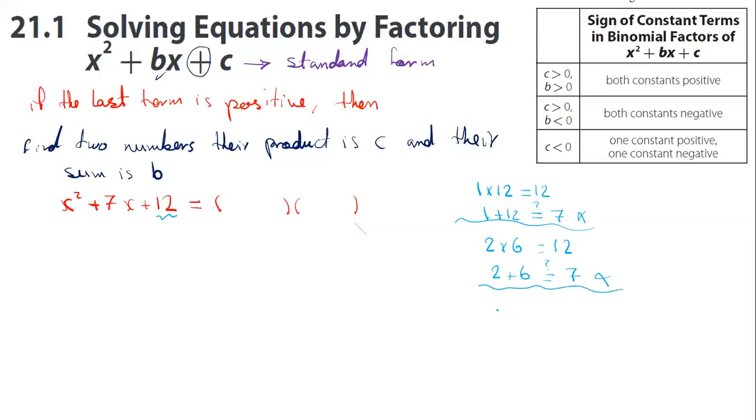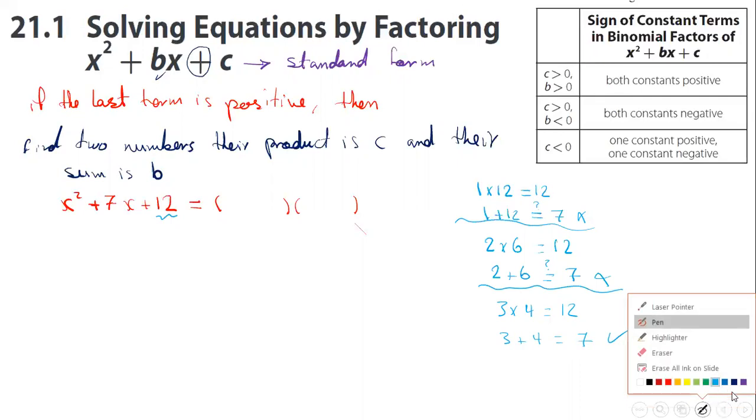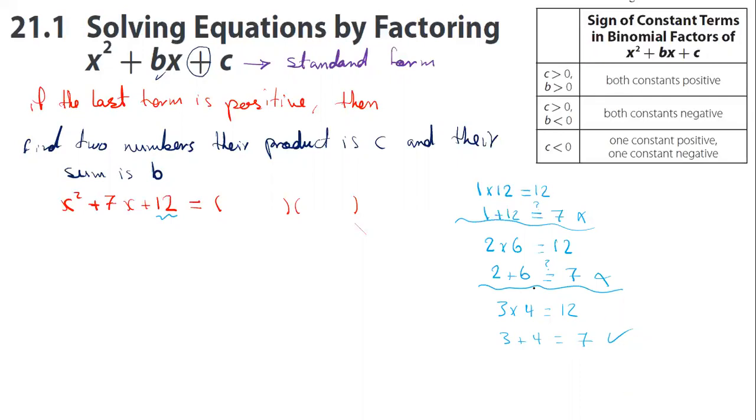Next, 3 times 4 equals 12. Ask yourself, is 3 plus 4 equal to 7? Yes. So I will choose the two factors 3 and 4. The two numbers whose product is 12 and whose sum is 7 are 3 and 4.